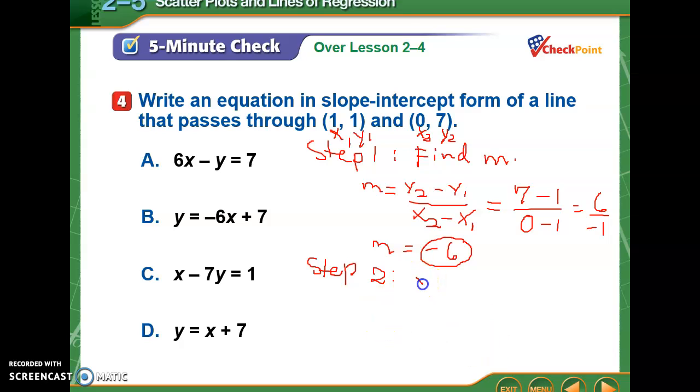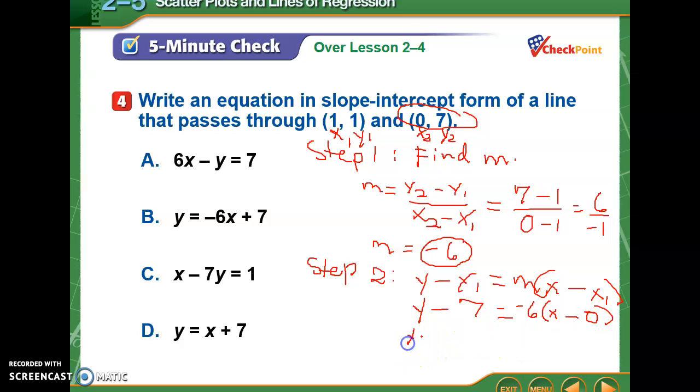Okay, so we're going to use y minus y1 equals m, open parentheses, x minus x1. Okay, alright, so you're going to select which point do you want to use. So if I were you, I'm going to use the second one, (0, 7), because 0 is easier to deal with. Alright, so that will give you y minus 7 equals your slope, which is your answer in step 1, is negative 6, times x minus your x sub 1, which is 0.